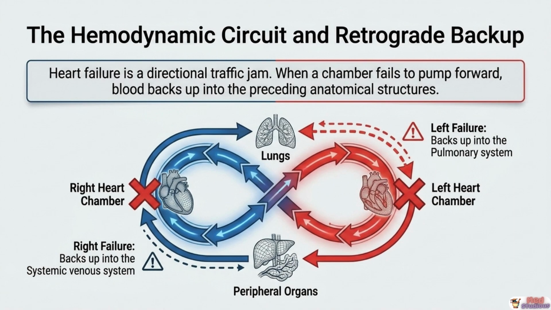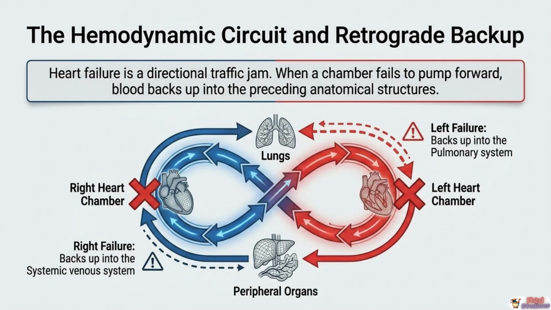Heart failure can be elegantly understood using the metaphor of a directional traffic jam in a closed circulatory loop. The cardiovascular system forms a continuous circuit. The right heart pumps deoxygenated blood through the pulmonary circulation to the lungs, which returns oxygenated blood to the left heart, which pumps it through the systemic circulation to peripheral organs and tissues.